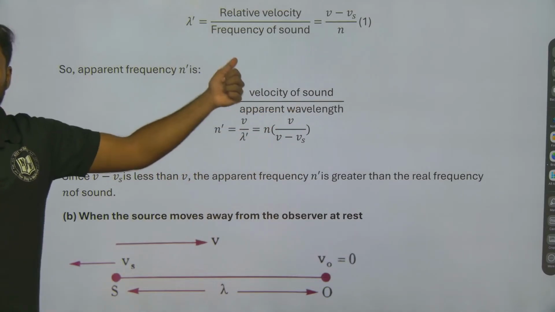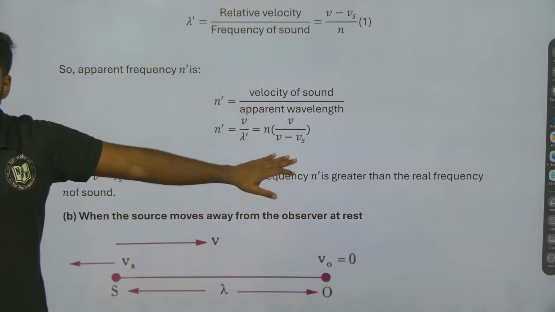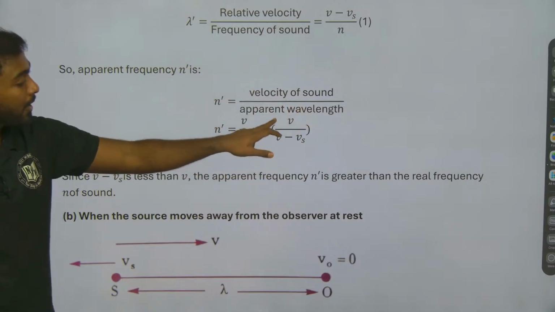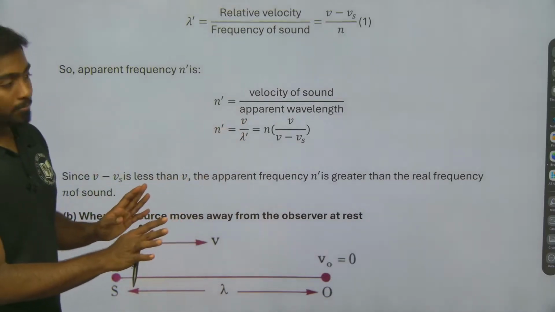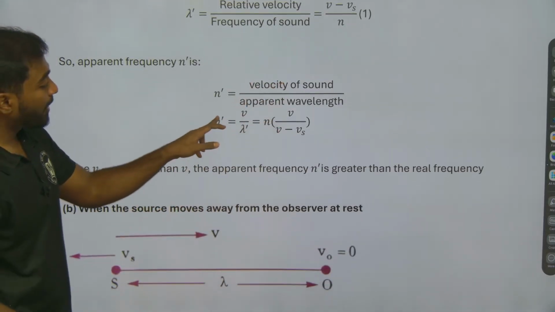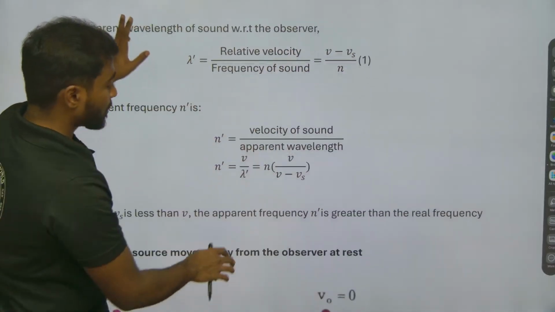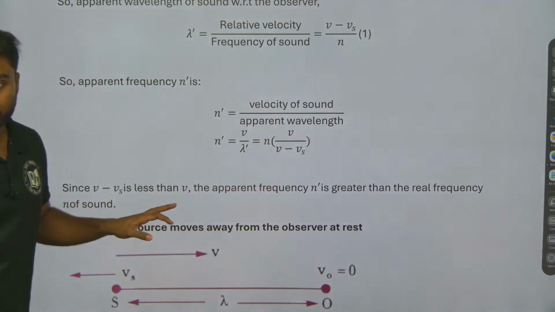In the previous case we took apparent velocity by wavelength; here it is velocity of sound by apparent wavelength. Velocity of sound is V, apparent wavelength is (V minus Vs) by N, so N dash equals N into V by (V minus Vs).